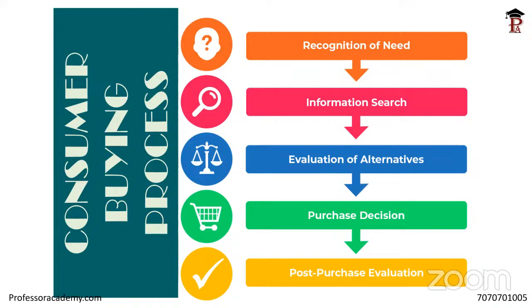Then after that, when we get the product in our hand, we'll use it and we'll do the post purchase evaluation, like whether the product has reached its standard, what you have searched, whether it is up to the mark or not. So that's our post purchase evaluation.